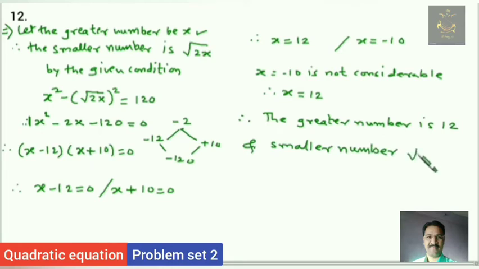That is root 2x. So x we already know here, that is 12. So we can write here root 24. Understand? Like this we can find the numbers here. Therefore the two numbers are 12 and root 24.